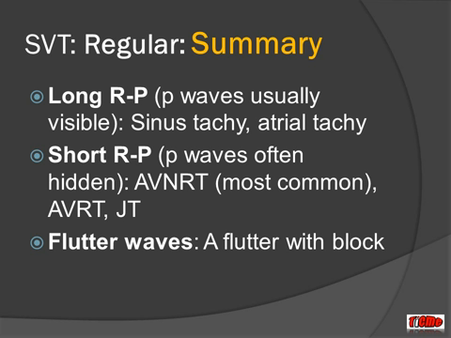There are the short RP tachycardias and P waves are often hidden. The most common is AVNRT, but there are also the AVRTs, of which Wolff-Parkinson-White is the variant we worry about, and also junctional tachycardia. And then where we see flutter waves, that's going to be atrial flutter, and if it's regular, it's going to be a regular block.